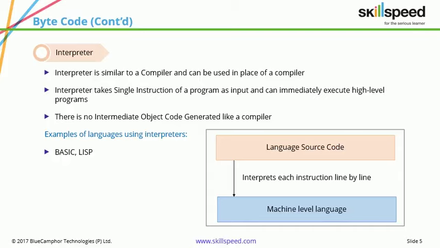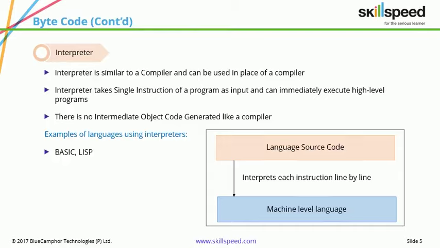Moreover, in a compiler, the entire program is converted into object code, or machine understandable code, at a time, which means if I have 20 lines of code in a C language program, it converts the 20 lines into object code at a time.